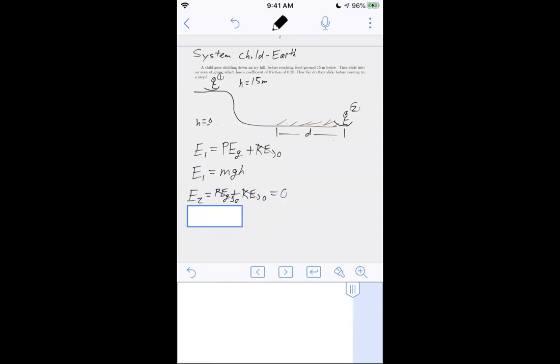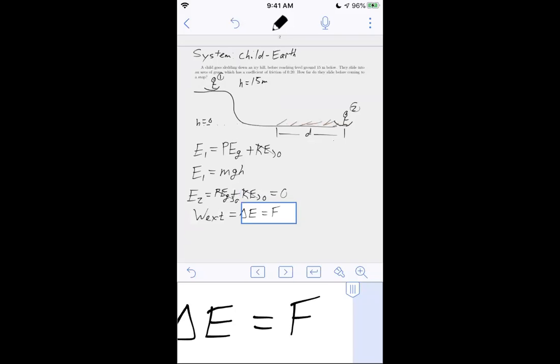So they're not always the same. So we do our next step, which is to say the external work is equal to the change in total energy, which is equal to E2 minus E1.